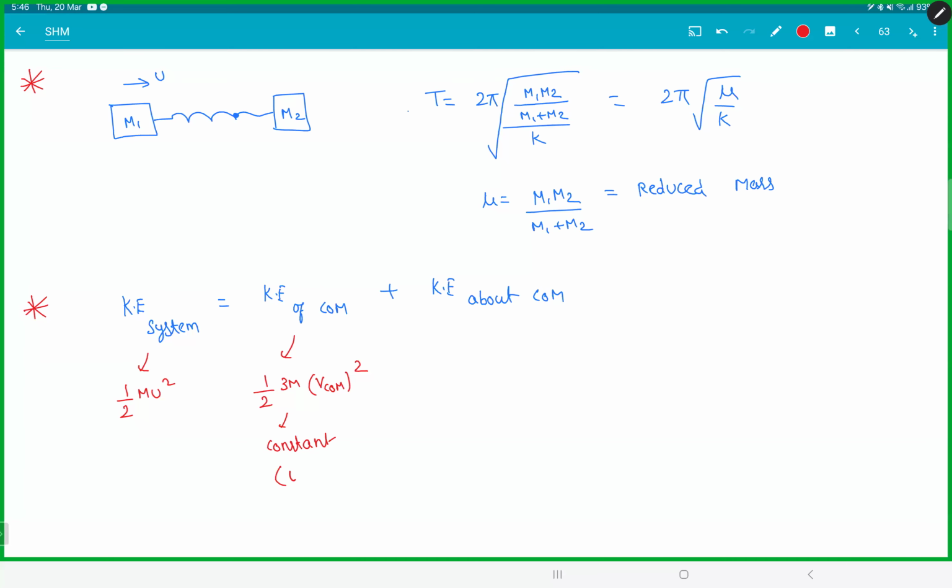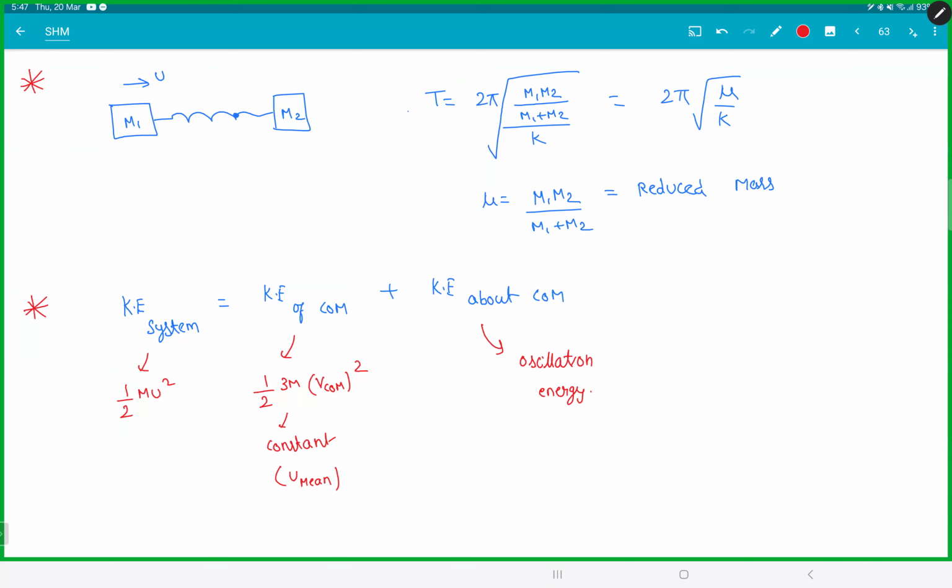Getting it? So this is kind of looking like u mean. This component is what is changing from kinetic to potential and potential to kinetic, isn't it? What is the total energy of a system? Total energy of a system is oscillation energy plus u mean, isn't it? Is that making sense?